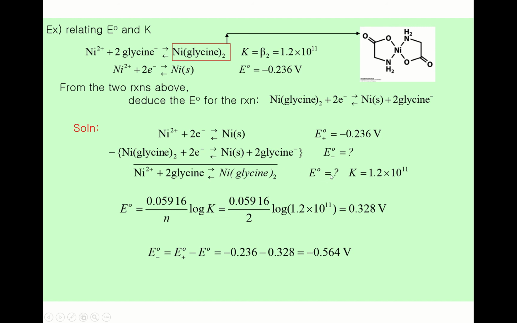This E0 value is given by this one, and it is related to the equilibrium constant K. E0 equals 0.05916 divided by n multiplied by log K. K is already known, and n is already known, which is 2, and we get this E0 value is 0.328 volt.